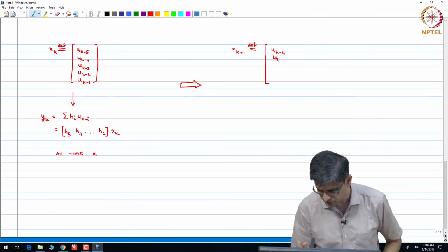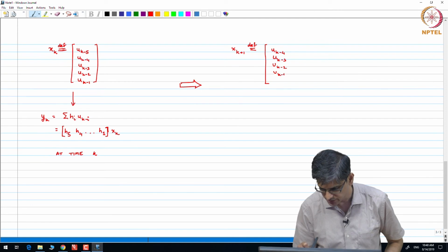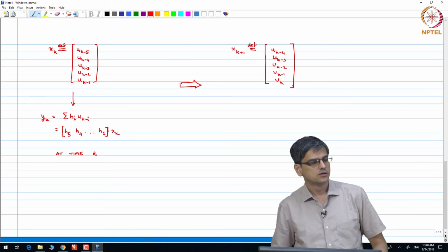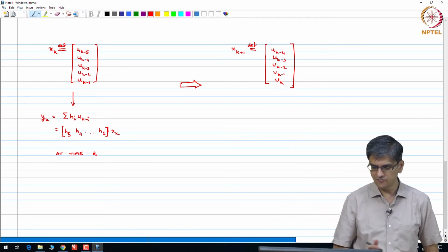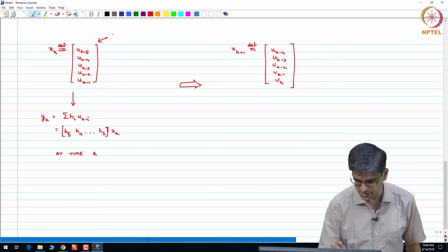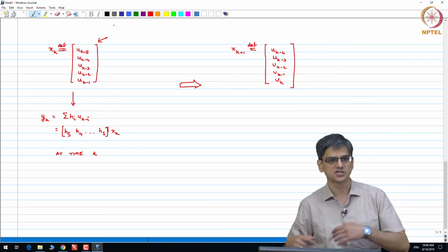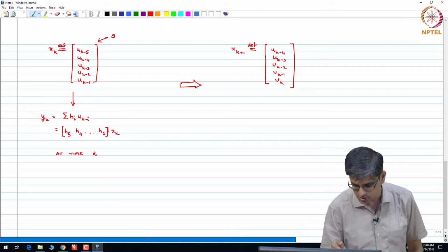So, uk minus 4, uk minus 3, uk minus 2, uk minus 1 and uk. Okay. Now, you have stored this in memory, that is what state means, right. State is the information that you need in order to predict in future. So, this is stored in memory.